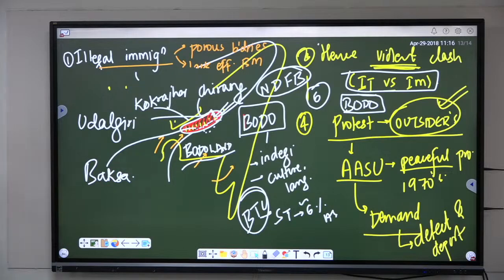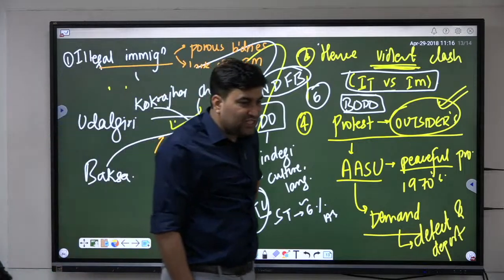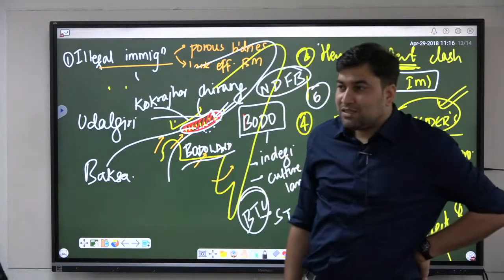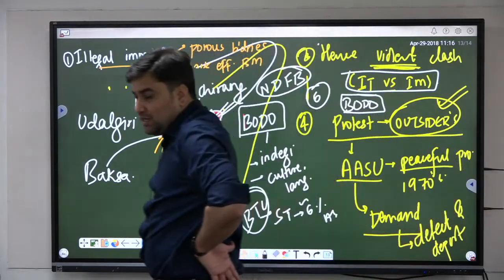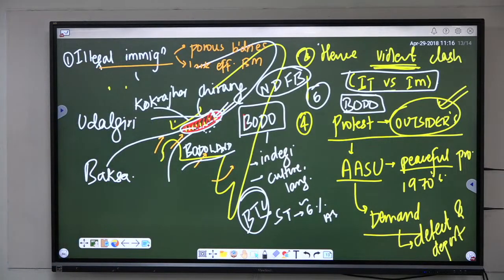For its statehood movement, NDFB, National Democratic Front of Bodoland, was constituted, which carried attacks, killings, extortion, etc.